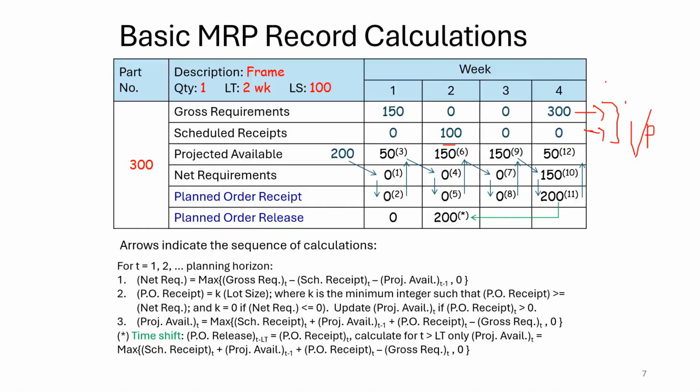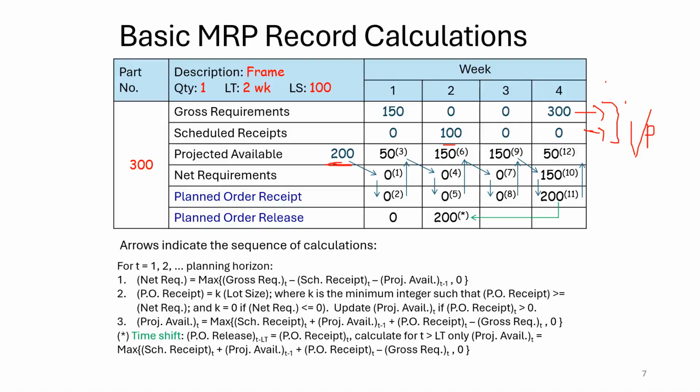And next, let's look at how we calculate the remaining values. So we already have 200 units in inventory before we go into each of these particular weeks. And in week 1, the gross requirement is 150 units. So we already have 200 units in inventory before week 1. So our net requirement in week 1 is 0 because we already have the 200.